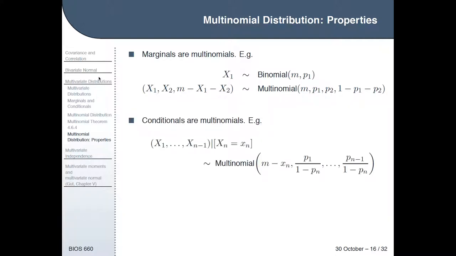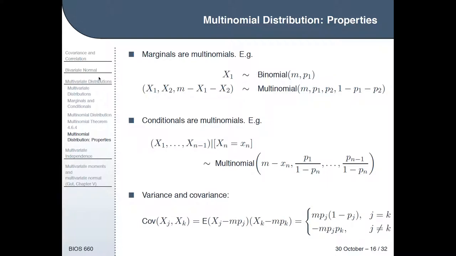And you can also show the conditionals are multinomial, that, for instance, if you want to find the conditional distribution of x1 up to xn given that xn equals little xn, then that's multinomial with number of trials equal to m minus xn. Makes sense because we know that the final outcome happened xn times. There's a total of m minus xn trials left to be accounted for, and to make the probabilities of the rest sum up to 1, you just divide each of them by 1 minus pn.